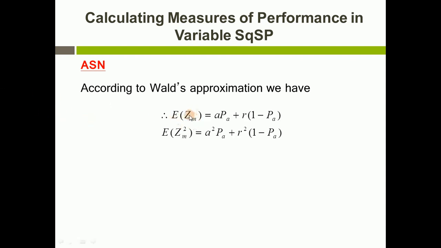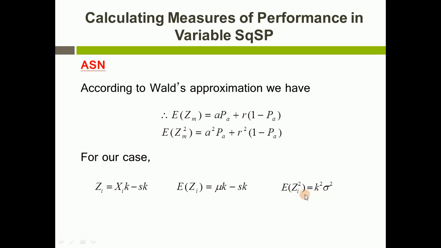So still we approximated Zm by A in case of acceptance and R in case of rejection, and accordingly we approximate Z square M by A square in terms of acceptance and R square in terms of rejection. And as for the expectation of Zi, we enter the expectation, so we get mu minus ls times k, and then here we square Zi and then we enter the expectation, so we reach at the end k square sigma square.